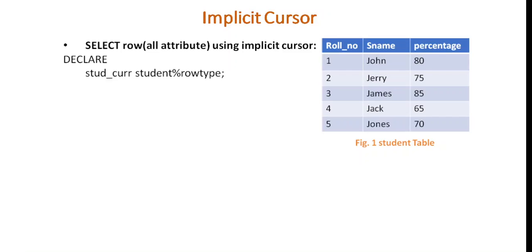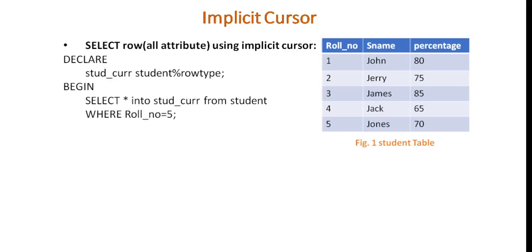That is, whatever the type of a row in the student table, assign that data type to studcur. Now studcur can hold the values of all attributes, and can be used as a pointer to an entire row in the student table. In the next program we'll see how to use this studcur record.